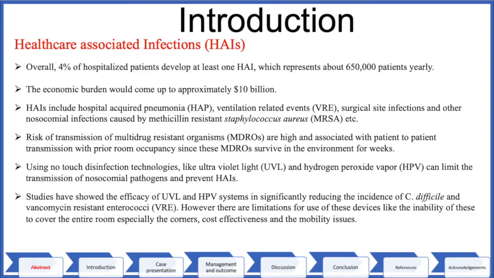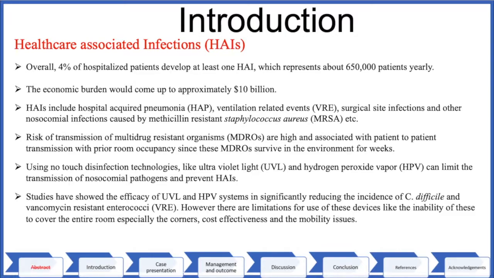They cannot cover the whole room, especially the corners where the bugs tend to concentrate, and they are not portable enough to go everywhere. And the cost effectiveness also, they're very costly.